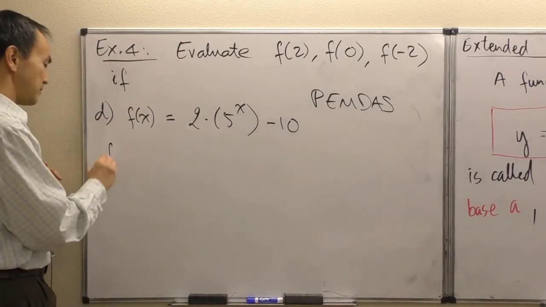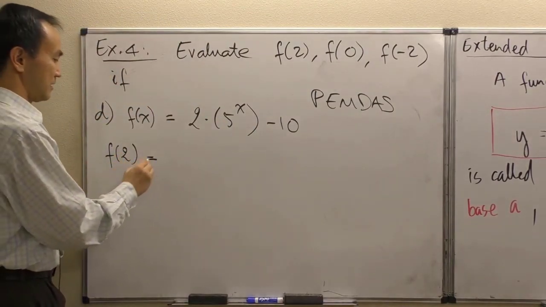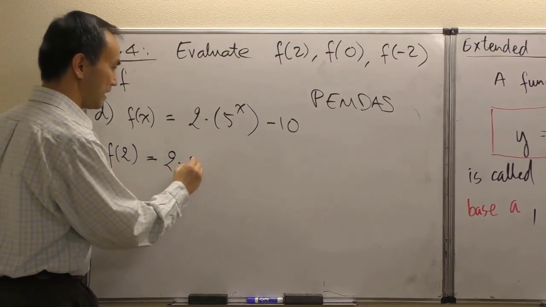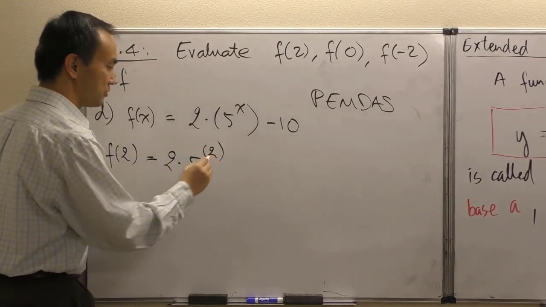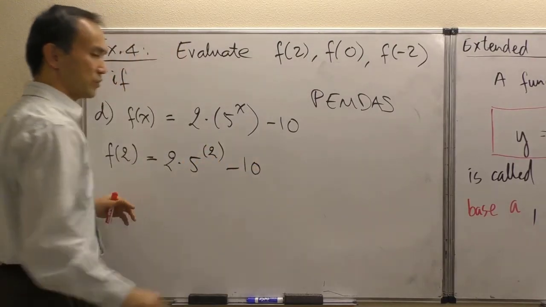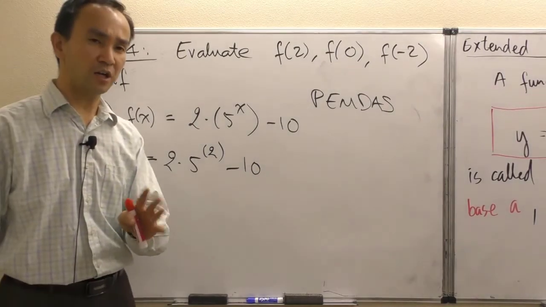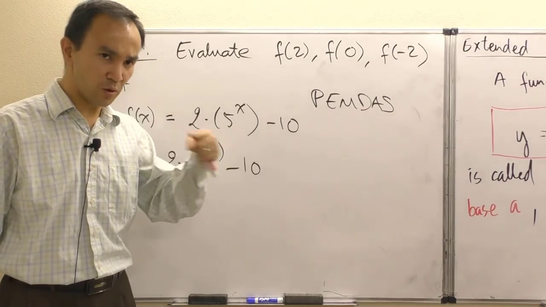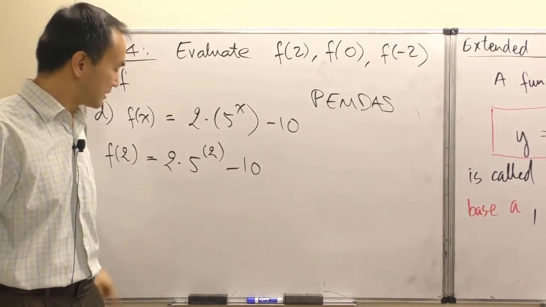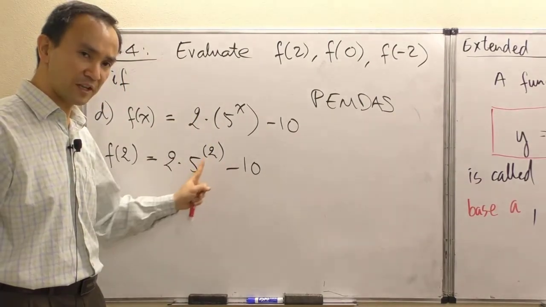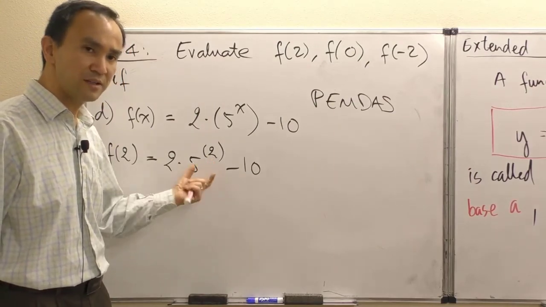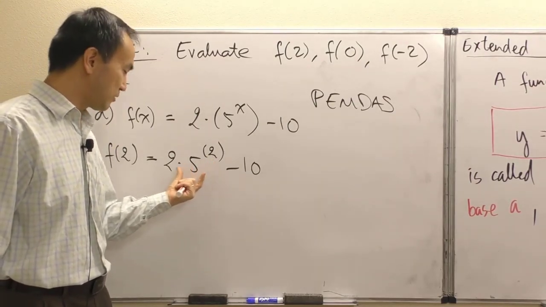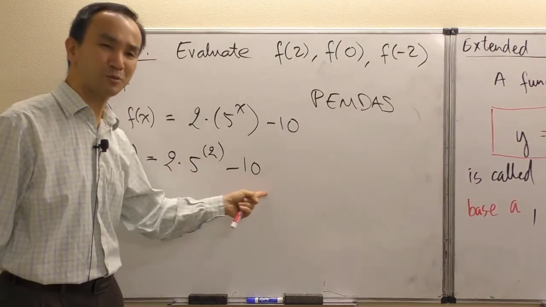So now f of 2 is 2 times 5 to the power 2 minus 10. But here we strictly have to follow order of operations. So power comes first. 5 raised to the power 2 happens first, and then we multiply with 2, and then we subtract 10.